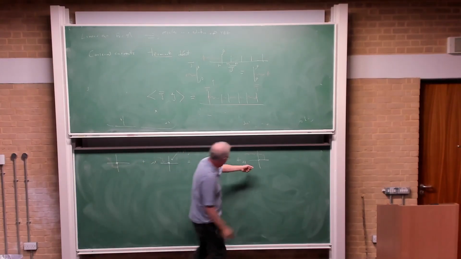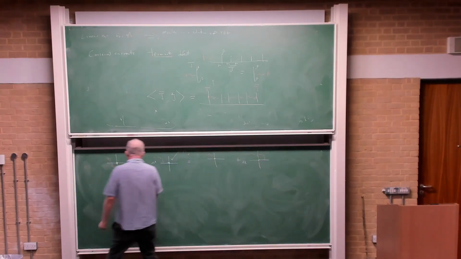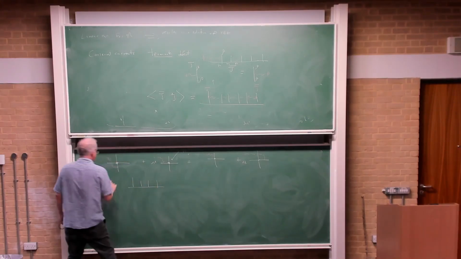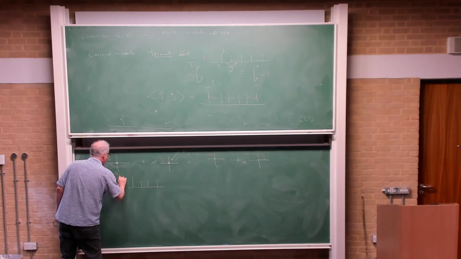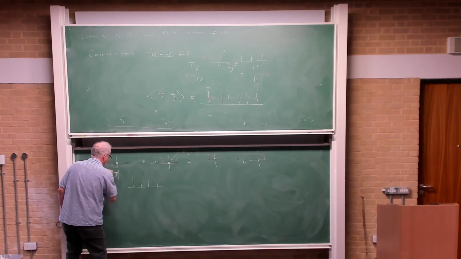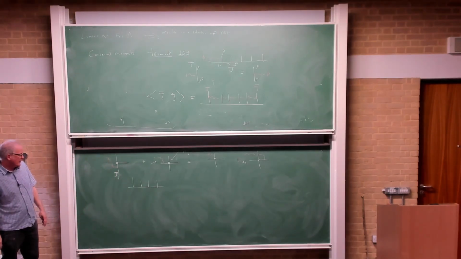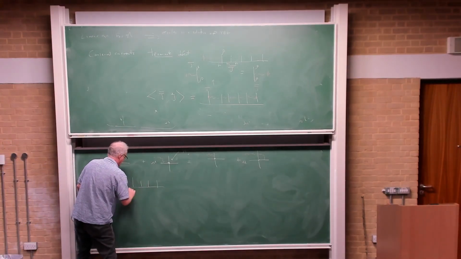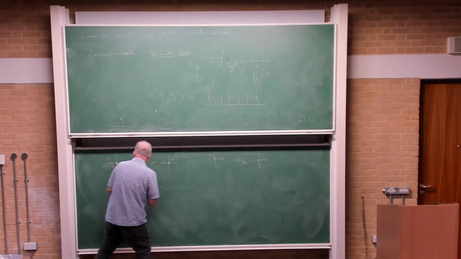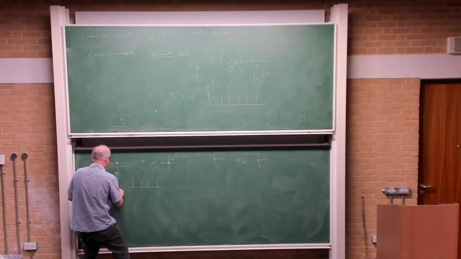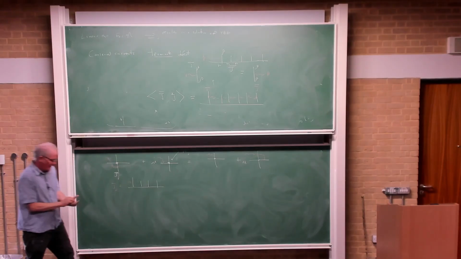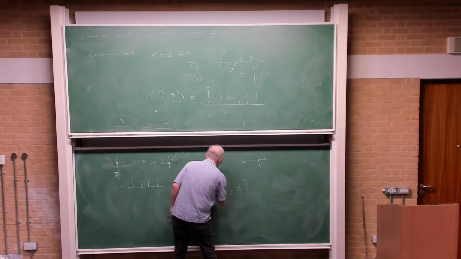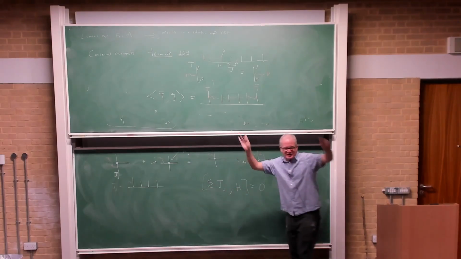It looks like a divergence-free condition, and maybe it's even more obvious if I call this capital J sub J. If I then take this combination, then you can see from this relation that the sum over J sub J commutes with H, up to boundary stuff that I'm going to ignore.